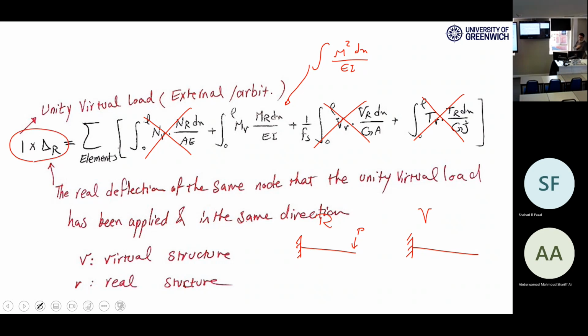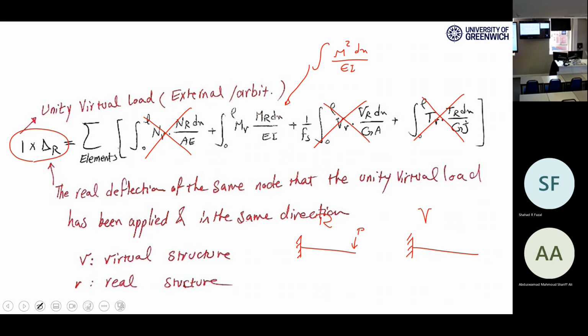1 times delta R. Delta R is what you're aiming to calculate. Delta means deformation, R means real. Delta in the real structure, the deformation in the real structure, right? What you want to calculate based on your tutorial, your example.